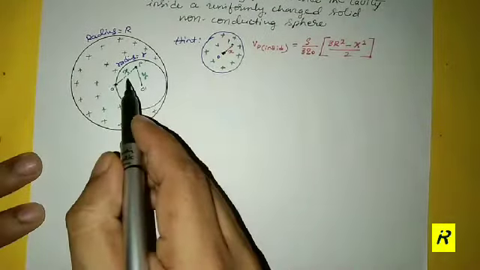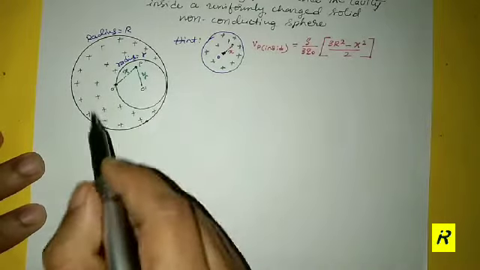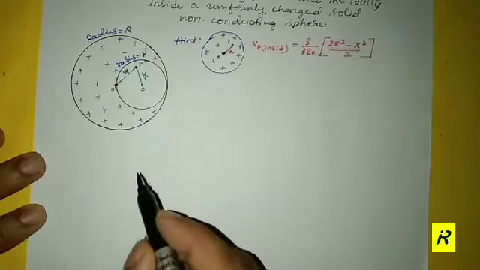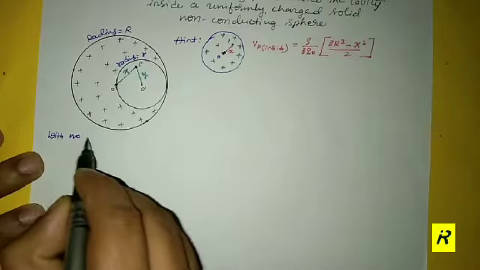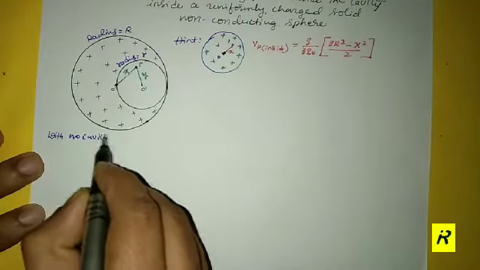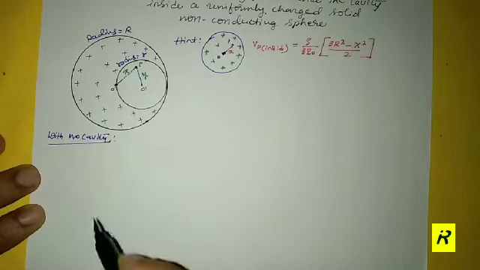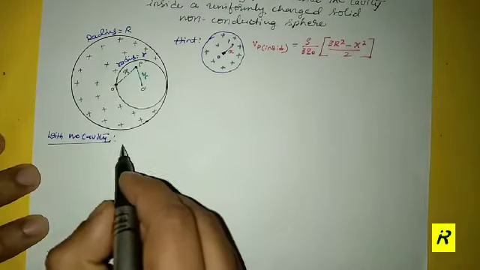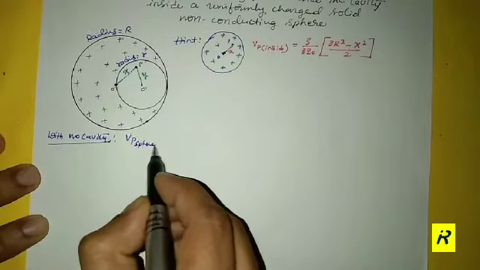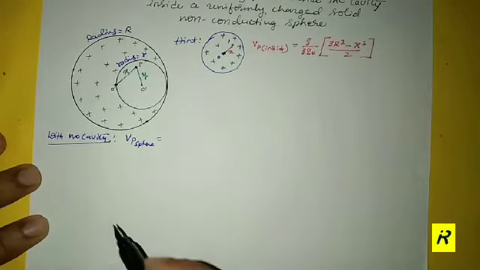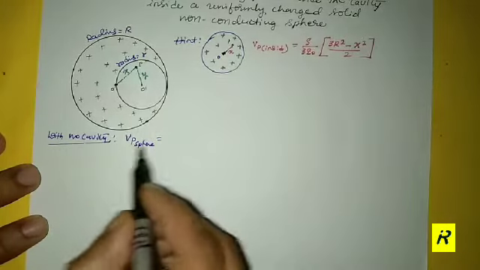Let me say there is no cavity first. With no cavity, the electric potential at P due to the sphere is something like this.